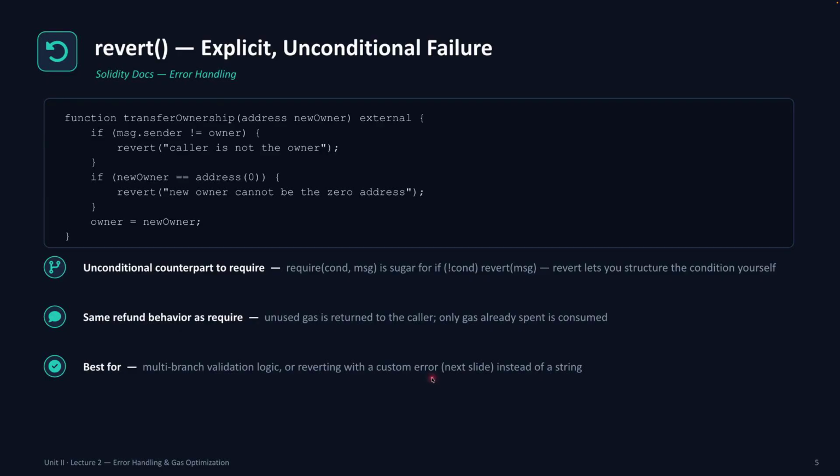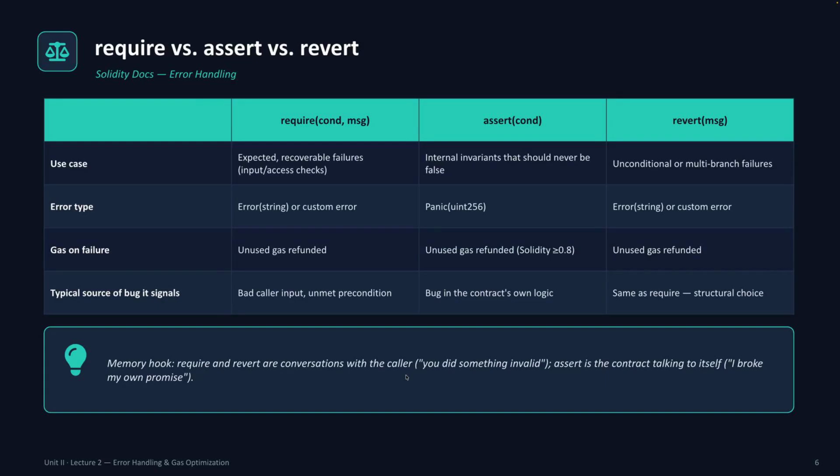In order to revert with a custom error, one must necessarily make use of the revert keyword. Let us now compare require, assert and revert on the basis of use case, the error type, the behavior when it comes to failure, then the typical source of bug it signals.